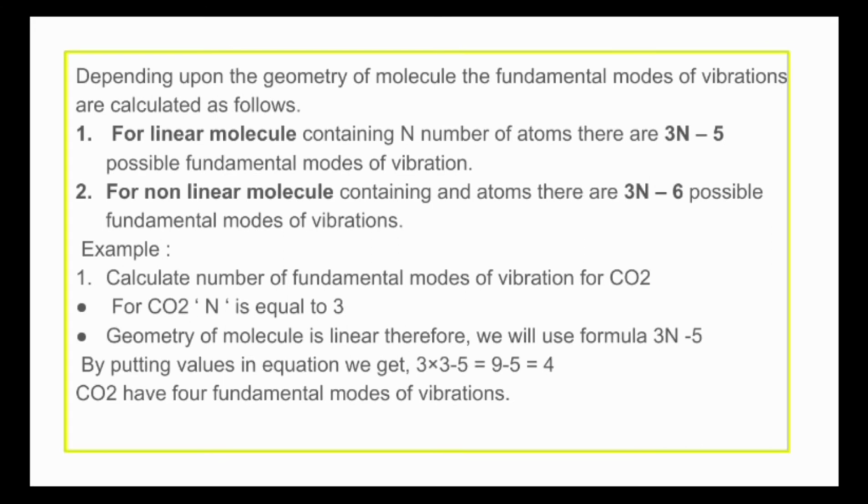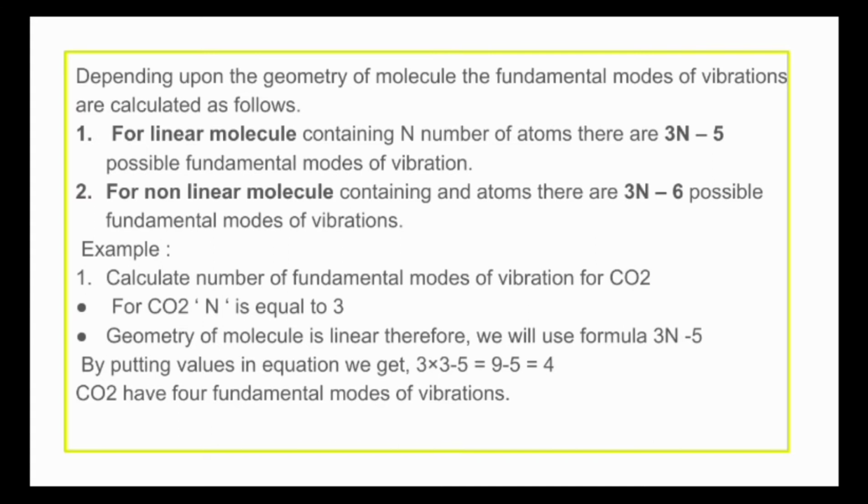Depending upon the geometry of the molecule, the fundamental modes of vibration are calculated as follows. Depending upon the geometry of a molecule and the number of atoms present in it, we can calculate how many fundamental modes of vibration a molecule can show. For a linear molecule containing n atoms, there are 3n-5 possible fundamental modes of vibration, and for a non-linear molecule containing n atoms, there are 3n-6 possible fundamental modes of vibration.